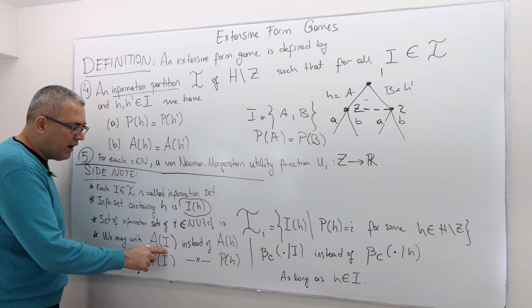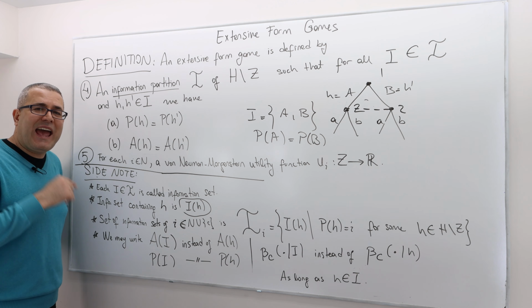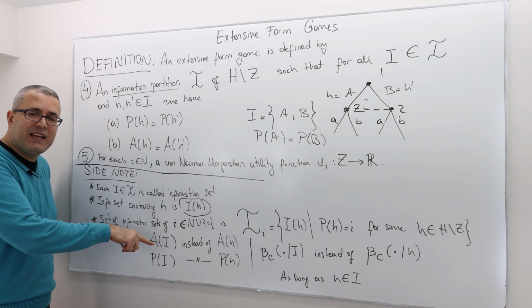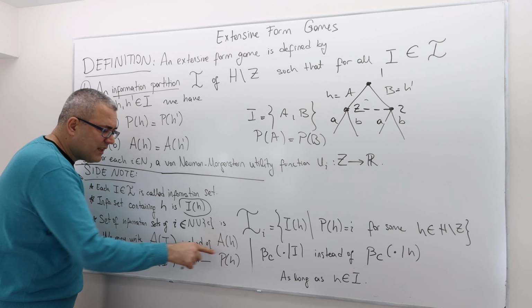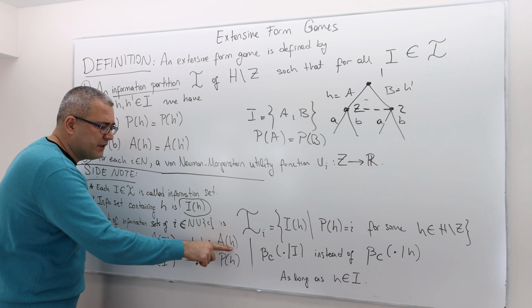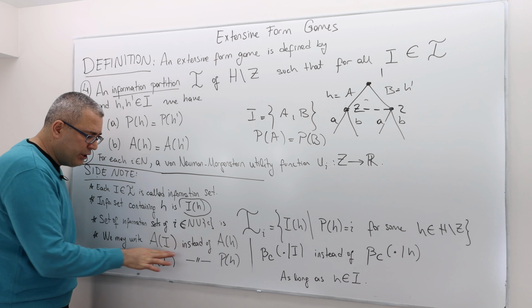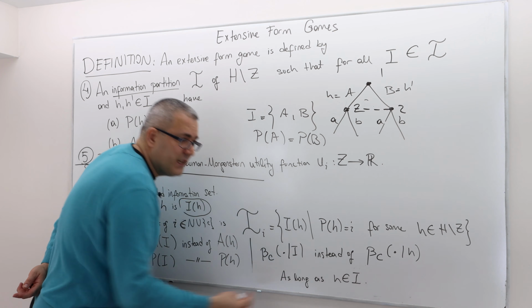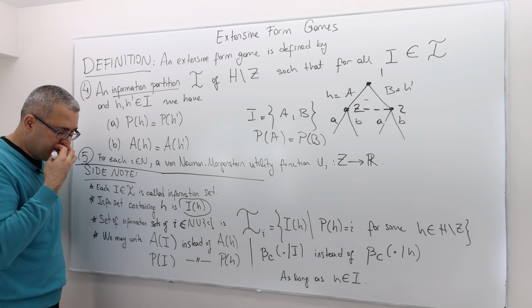So what is A of I? The set of available actions after history H, or the set of available actions after information set I. Of course, I can use A of I instead of A of H if H is a history in this information set.